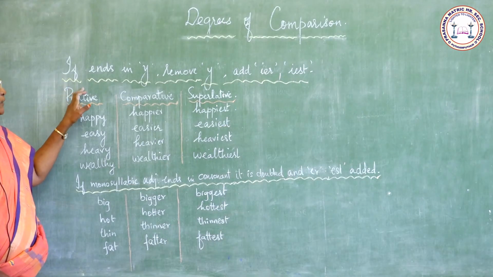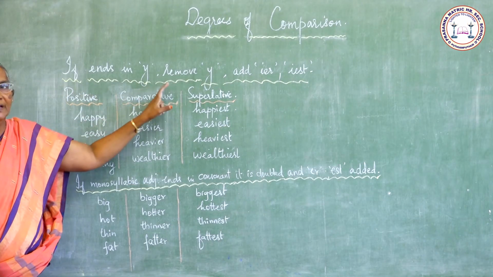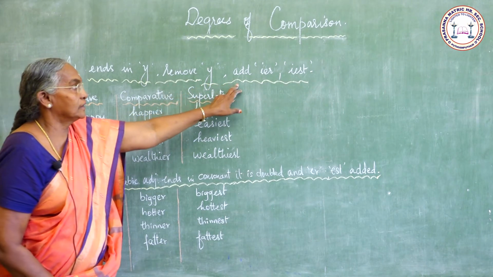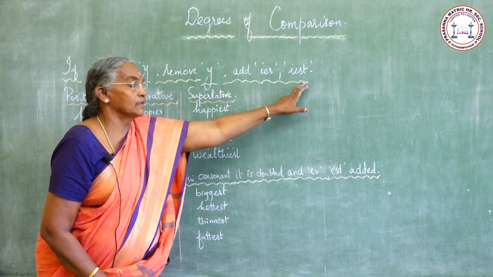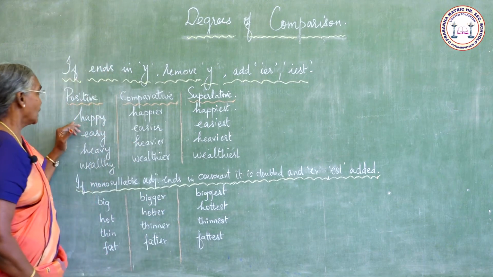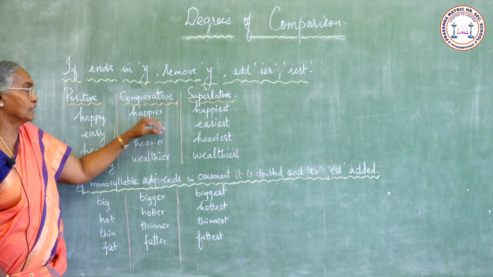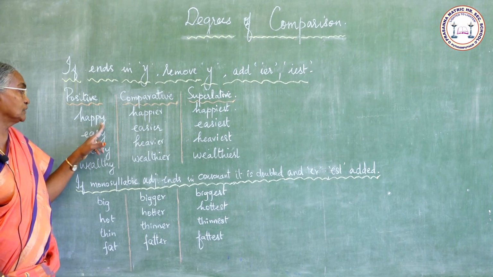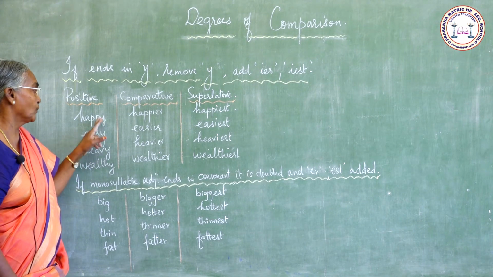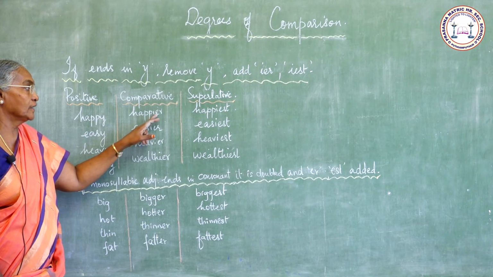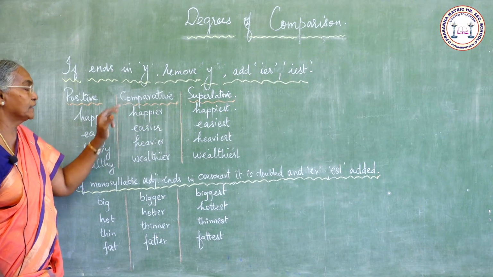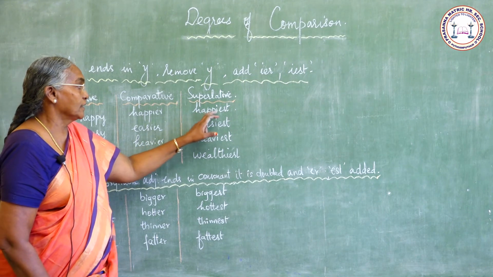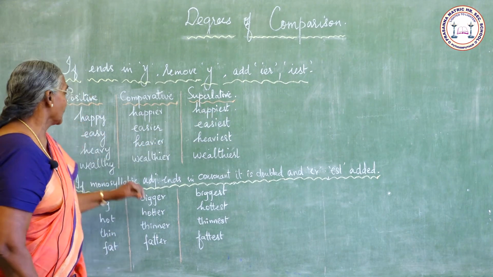If an adjective ends in Y, remove Y and add IER and IEST. Happy, happier, happiest. Here this adjective ends in Y. So we removed Y and added IER for comparative and we added IEST for superlative.